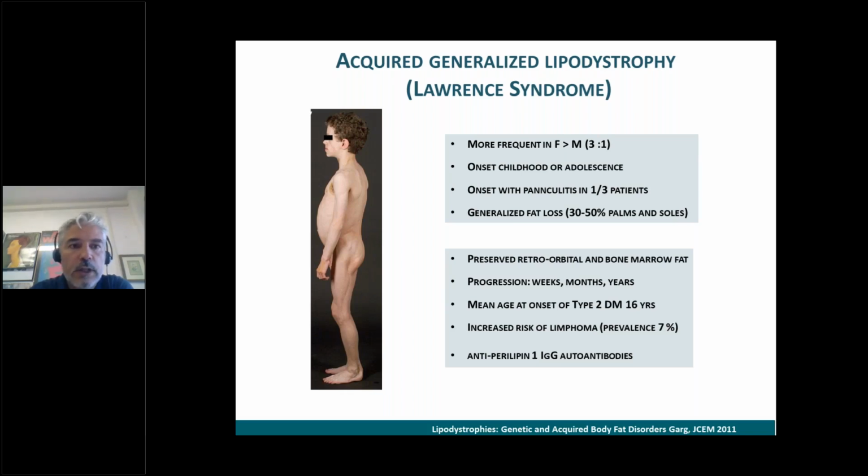On average, at around 15 or 16 years of age, patients develop type 2 diabetes. And the only antigenic marker that we have discovered so far is the presence of antibodies against perilipin 1, which is expressed in white adipocytes. So these patients have circulating antibodies against this antigen, perilipin 1.